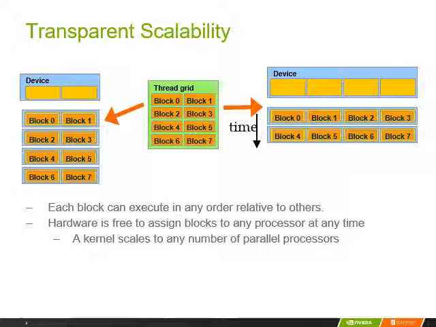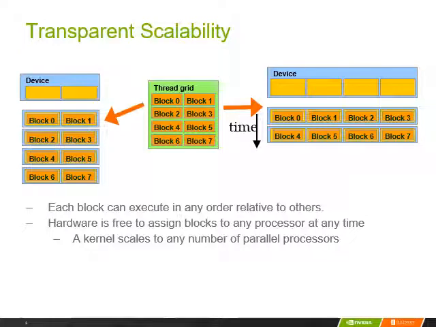So on the left-hand side, we show that we have a CUDA device with few execution resources. So the hardware will be executing a few thread blocks simultaneously and take longer to execute the thread grid. On the right-hand side, we show a device with more execution resources.